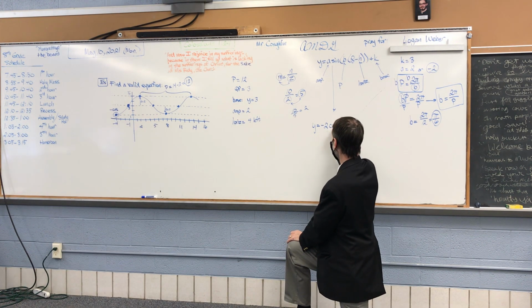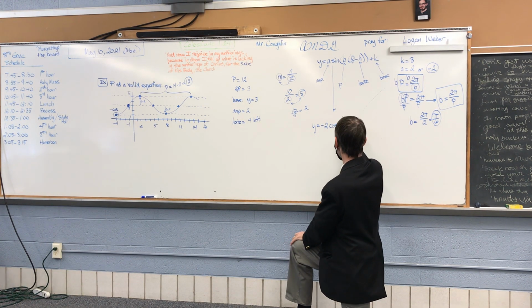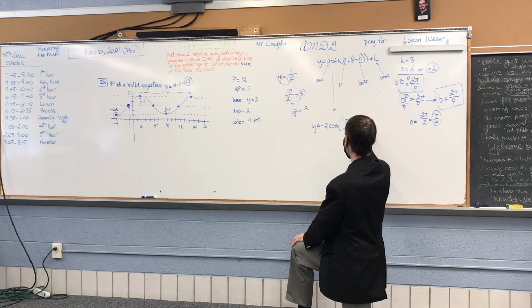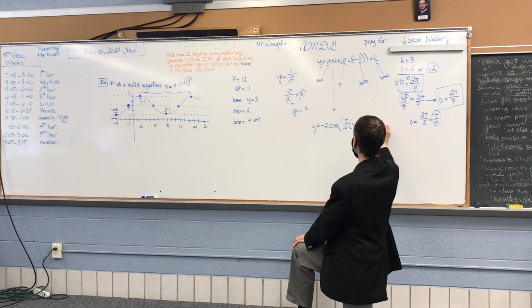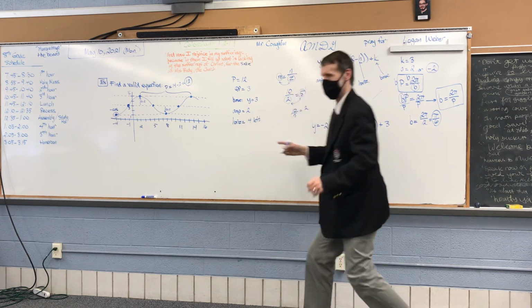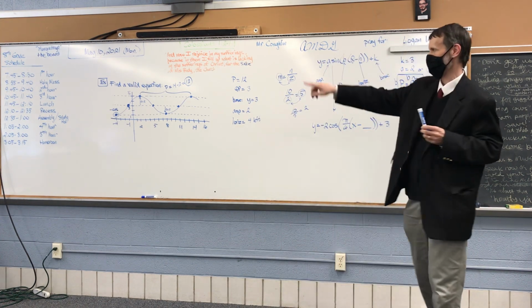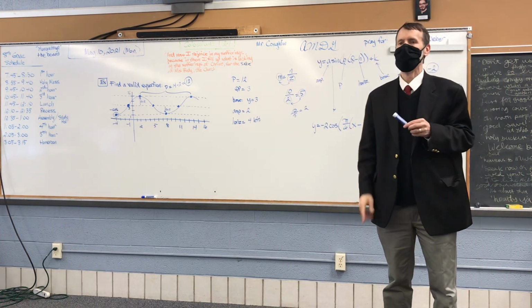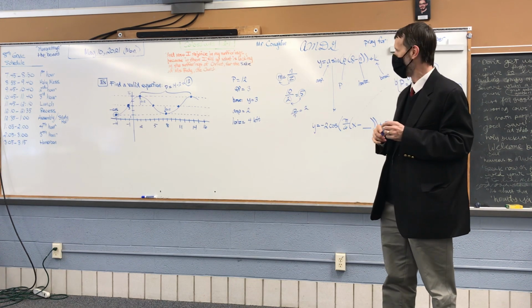Cosine, very good. Paren what? Pi over 6. Paren, x minus, leave that blank for now. Paren plus what? 3, because that's the baseline. Can somebody tell me the horizontal shift? Look at the starting point.